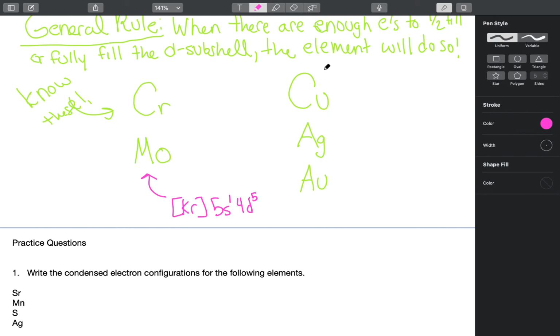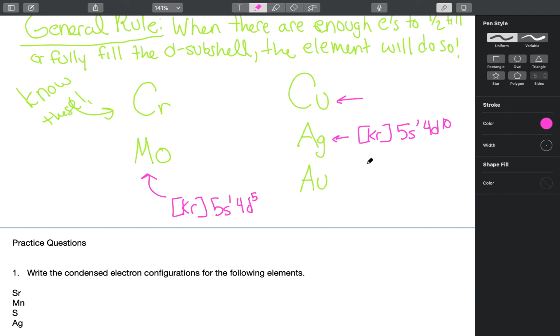Now, copper, silver, and gold follow the same rules as copper. So let's just do silver, for example. So silver would have the core electrons associated with krypton, and then you would have your 5s1 and then 4d10. And that would be silver.